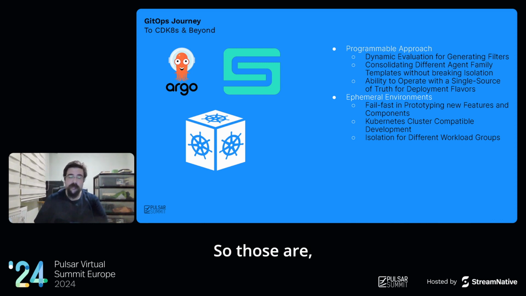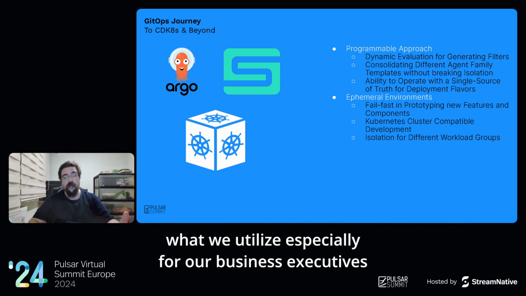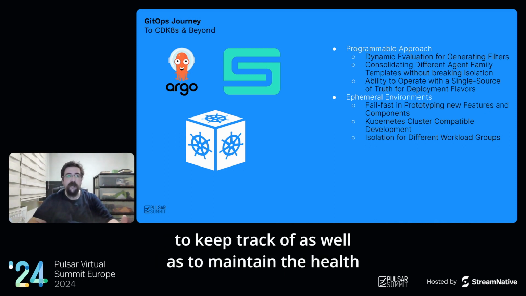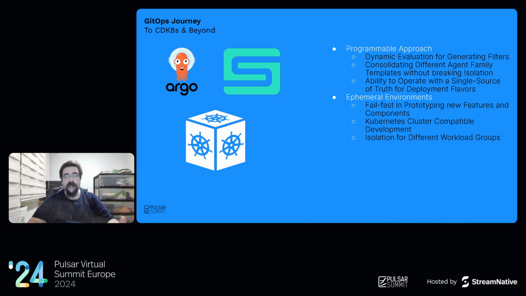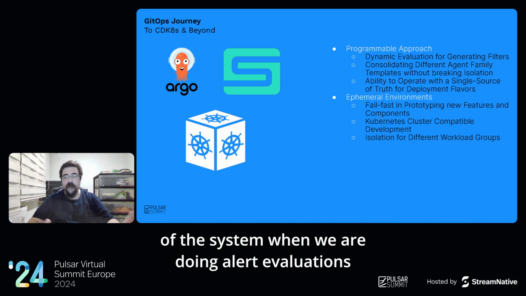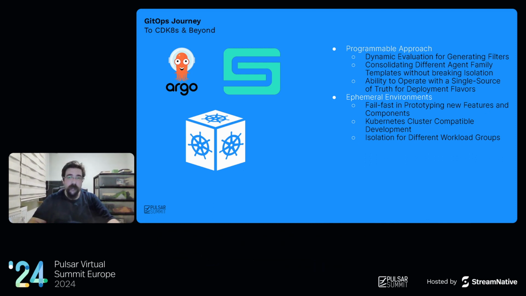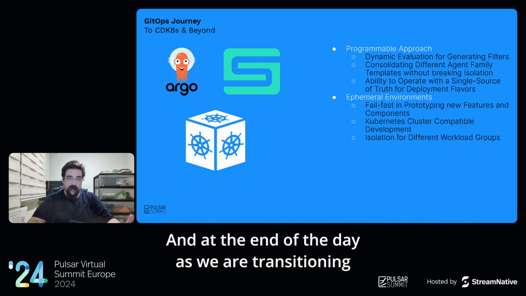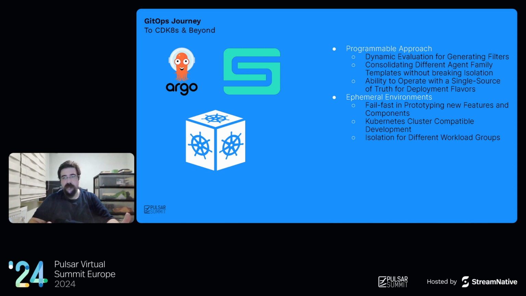So those are part of what we visualize, especially for our business executives to keep track of, as well as to maintain the health of the system when we are doing alert evaluations based on them.